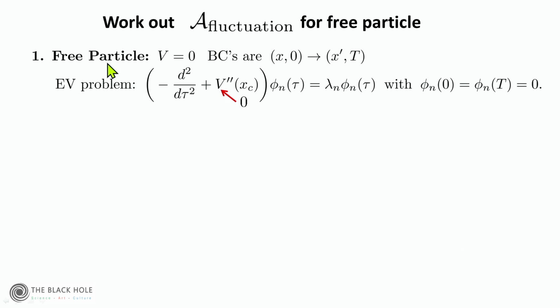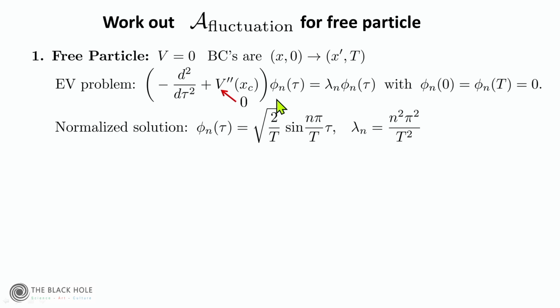Okay, so let me work out the fluctuation part for the free particle. Free particle is, potential is 0. Boundary conditions, you all know, we start from here, we end over here. The eigenvalue problem is very simple because this v is 0, so v double prime, the second derivative of v, is 0.